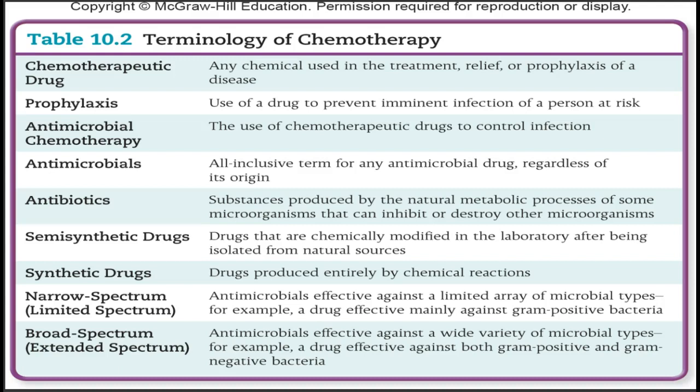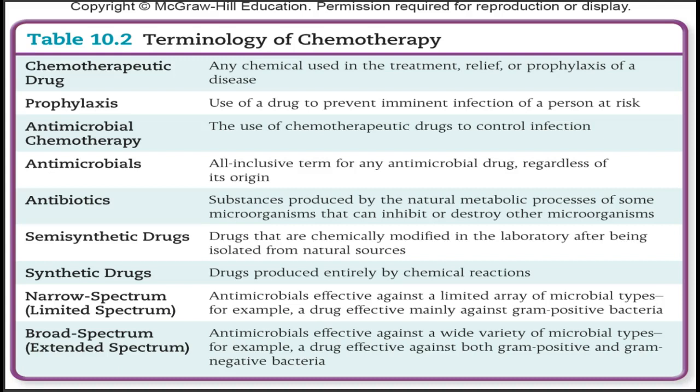Semi-synthetic drugs are drugs that are chemically modified in the laboratory after being isolated from a natural source. So we might isolate a particular metabolic compound that is produced by a bacterium, and then we might, in the lab, alter it somewhat to improve its effectiveness or to address maybe a resistance issue.